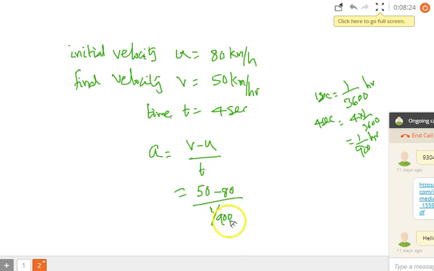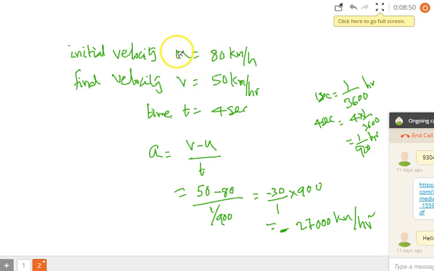Everything is kilometer per hour, and this is hours, which means minus 30 by 1 into 900. So minus 27,000 kilometer per hour square. Minus indicates negative acceleration because speed decreased.